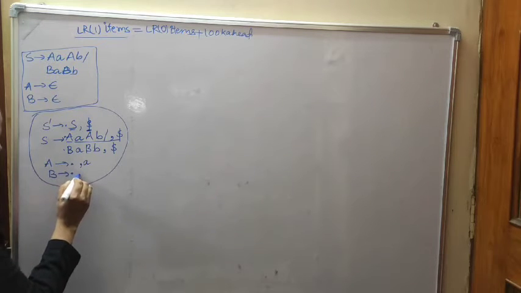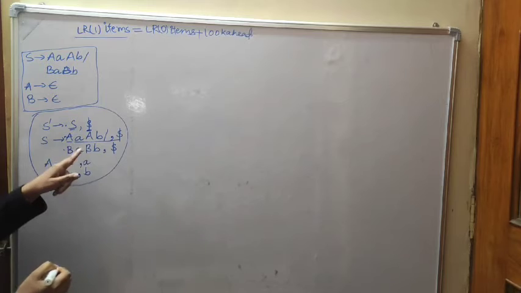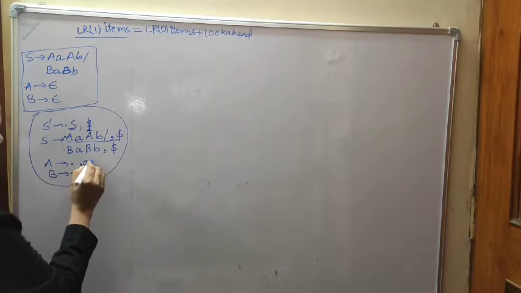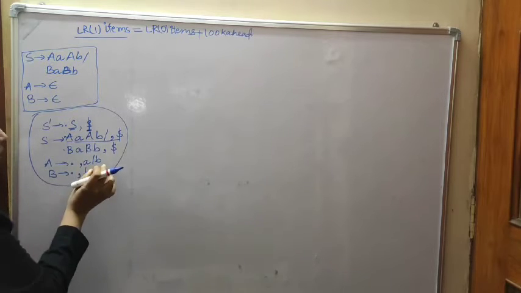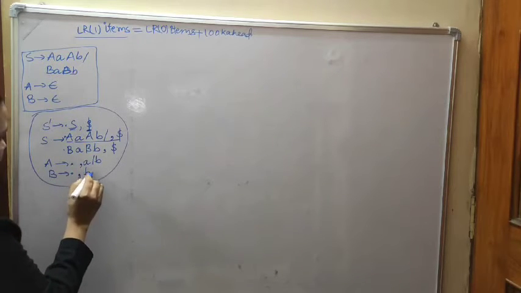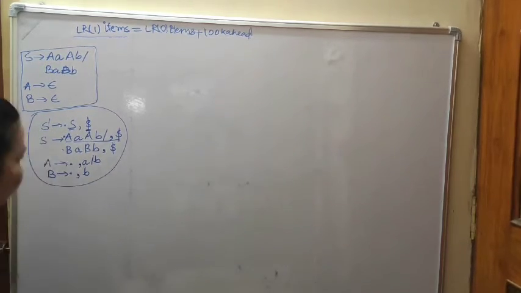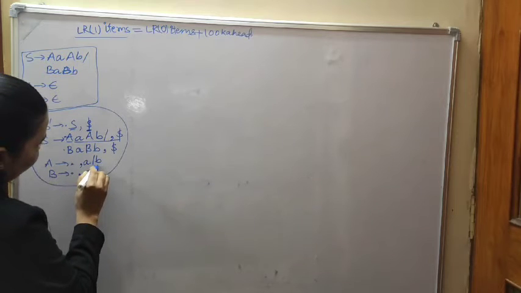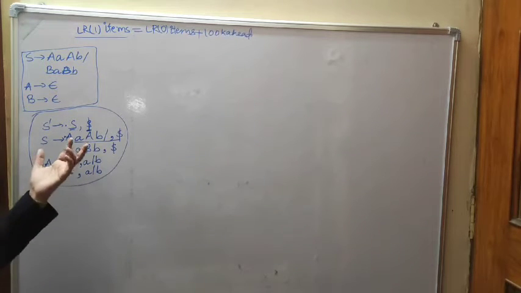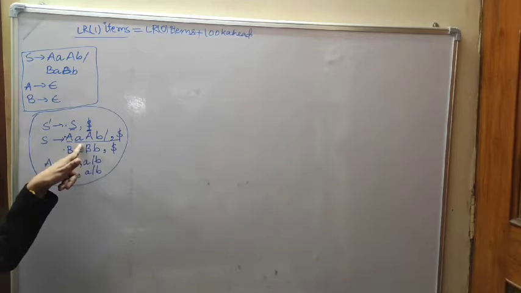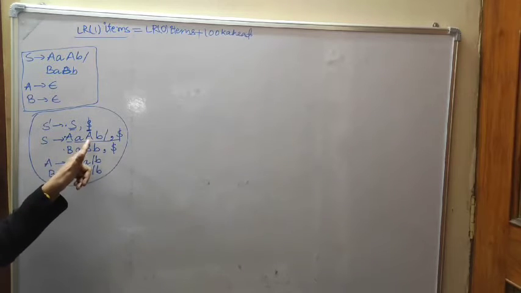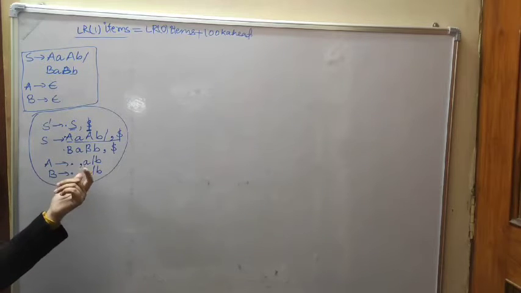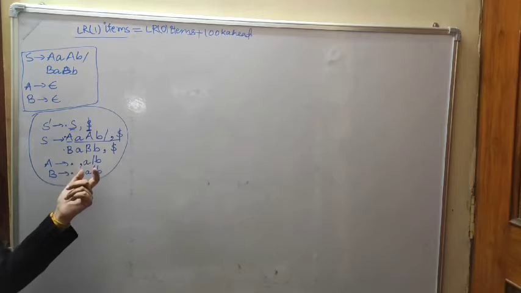Looking at this B, the first of B is B. A slash B, because two variables will come here also. A slash B. First of A is A and first of this is also A, so first of A is B. Same thing here, so that is why the look ahead is A or B.